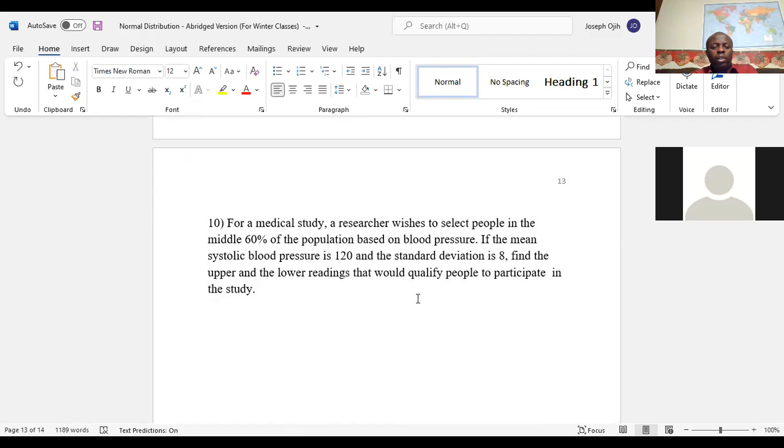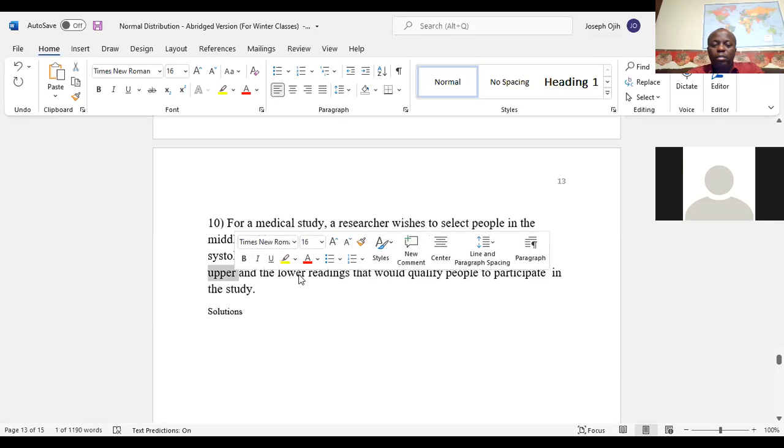If the mean systolic blood pressure is 120 and the standard deviation is 8, find the upper and lower readings that will qualify people in the study.